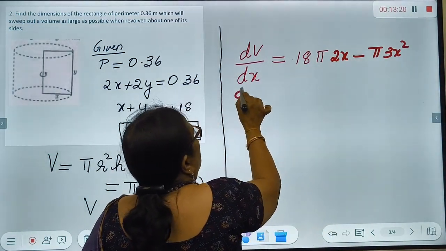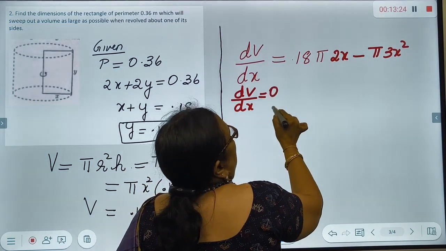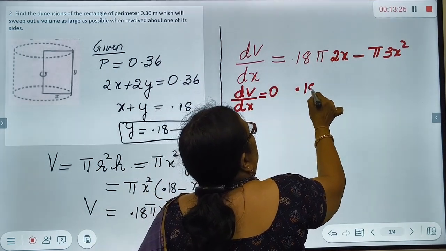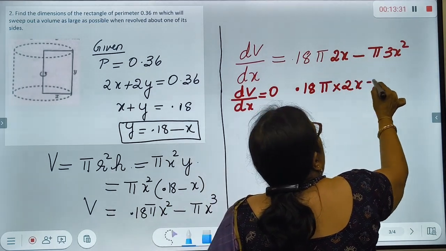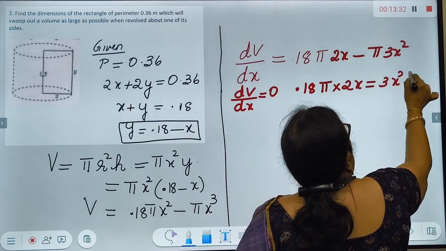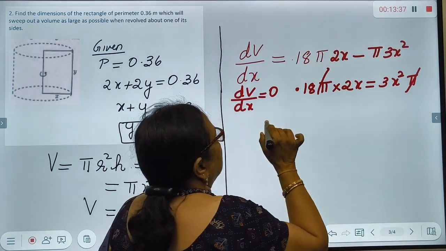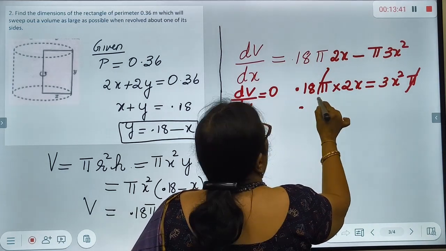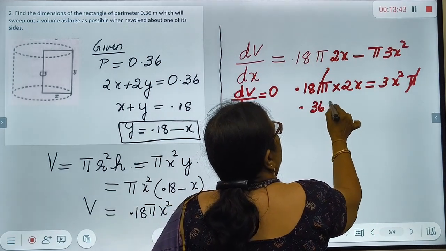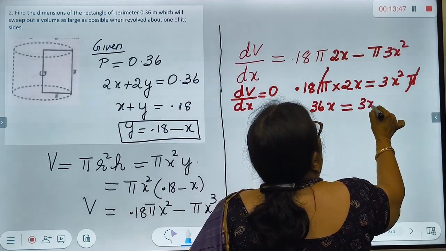To find the critical point, dV by dx must be equal to 0. So 0.18 pi into 2x is equal to 3x square pi. Your pi gets cancelled, right? So 0.18 into 2 gives 0.36x equal to 3x square.